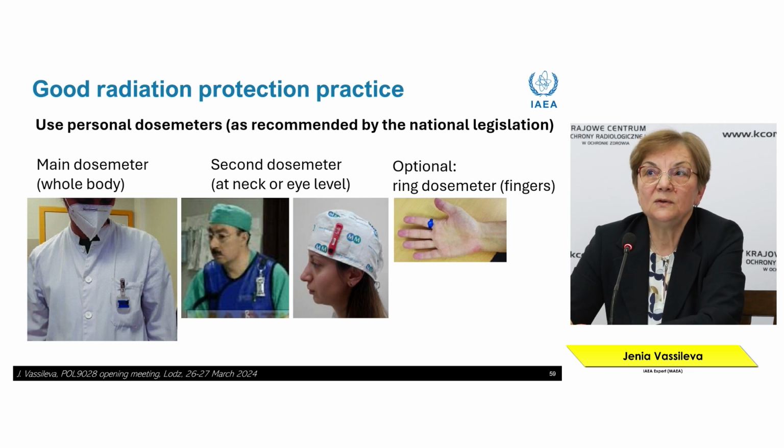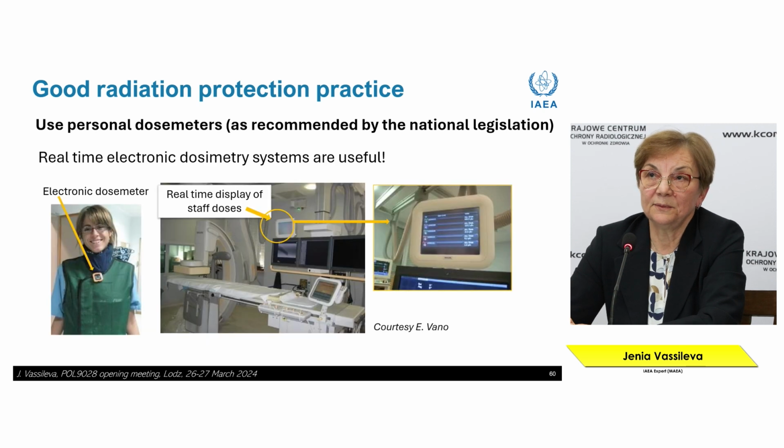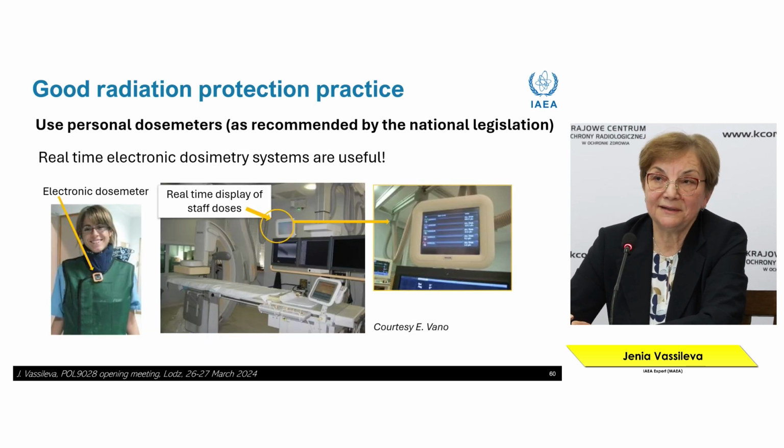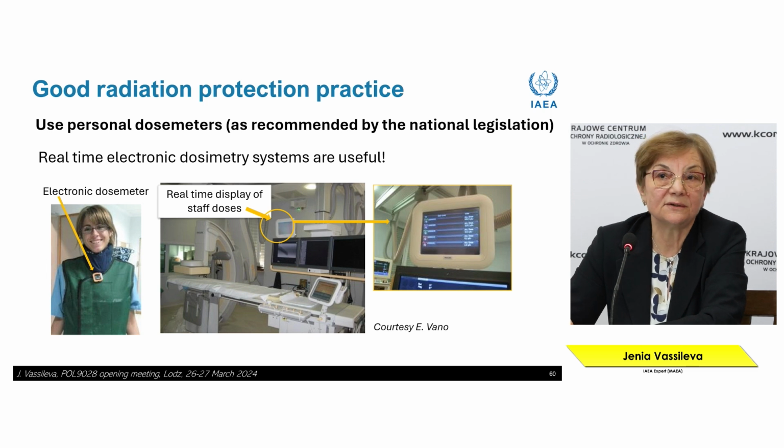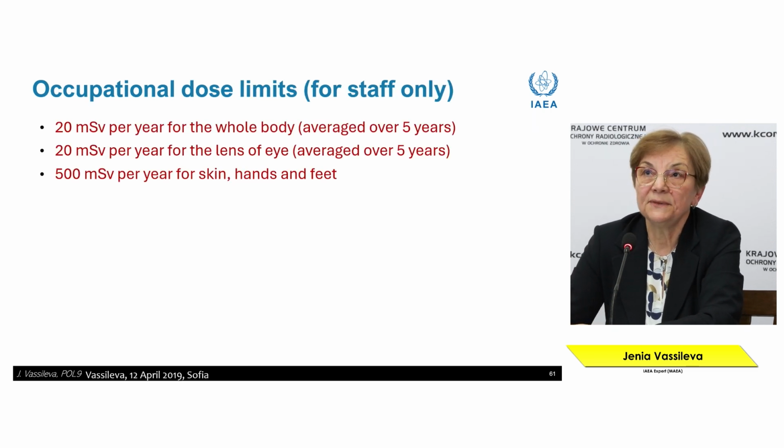It's normally used for a certain short period of time with more educational purpose, and I'm happy that this kind of real-time personal dosimetry system is included in the project to be obtained, with real-time control in the procedure room, where staff can observe their own doses during the procedure. Of course, it does not mean you have to stop the procedure, but you can modify the procedure if possible.